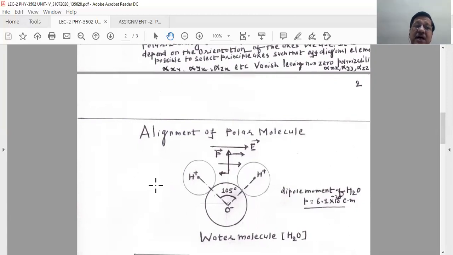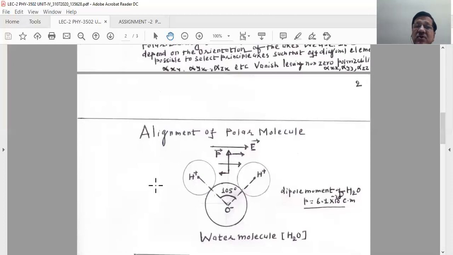I mean to say that in the case of a heteronuclear molecule, there is a separation between the two. You have positive charges and negative charges of the same magnitude, because as a whole your molecule is electrically neutral. So your molecule is behaving like a dipole, and you know a dipole basically consists of two equal unlike charges separated by a small distance d.